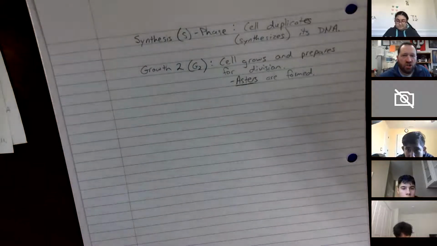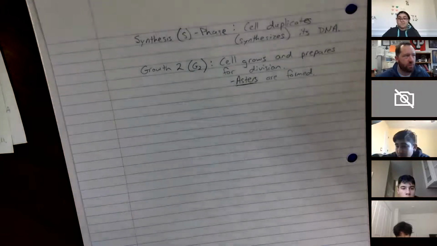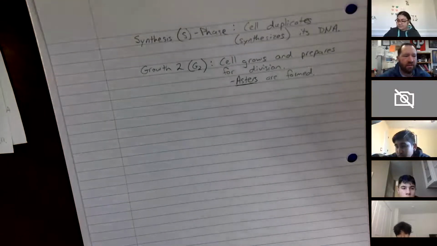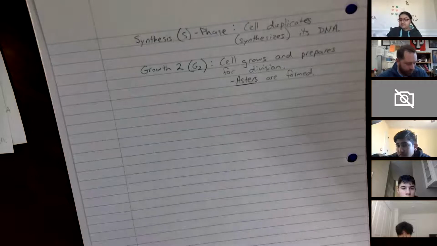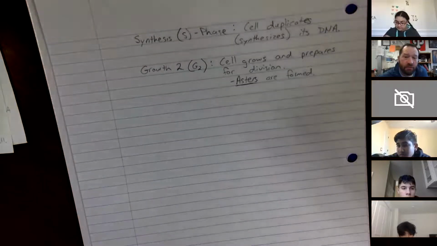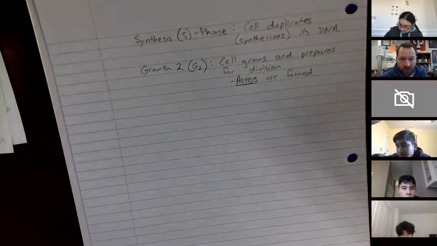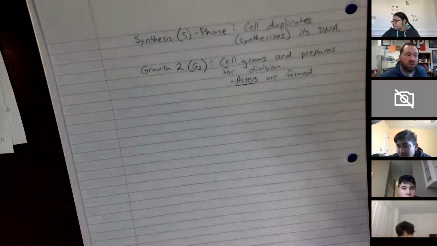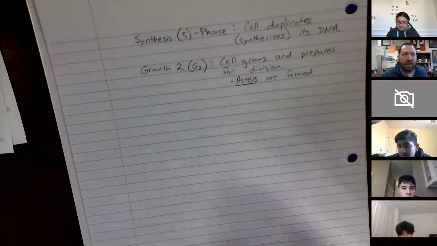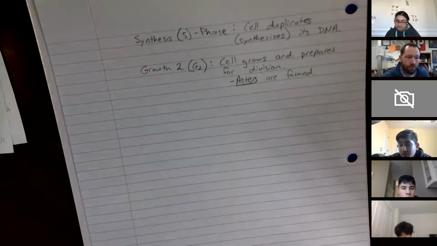Have a question through the chat. Very good question. Someone asks, how long is the cell cycle? And it kind of depends on the type of cell. So bacteria, for instance, don't really go through the cell cycle like we're talking about, but really simple cells like bacteria can divide every 20 minutes. So that's pretty impressive.